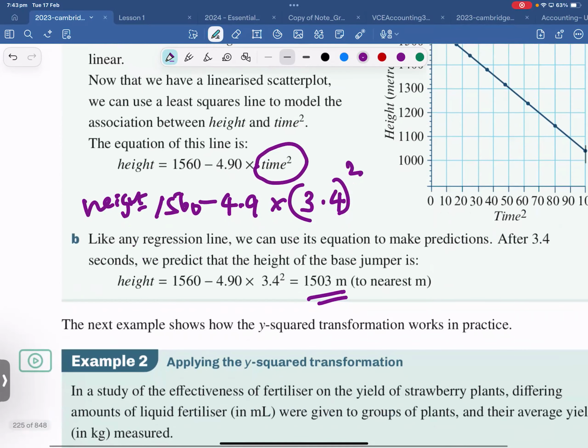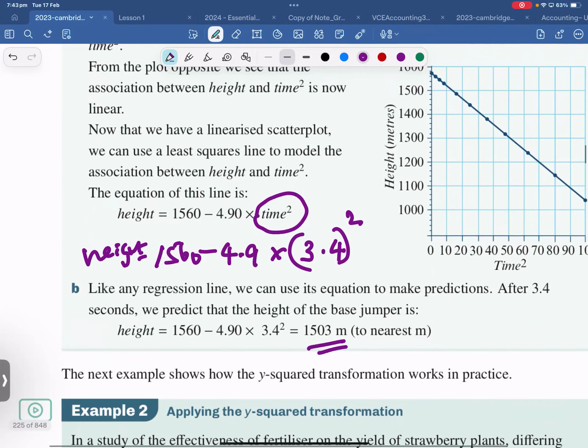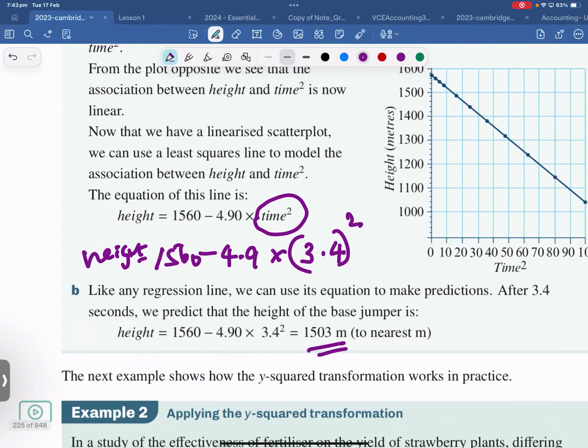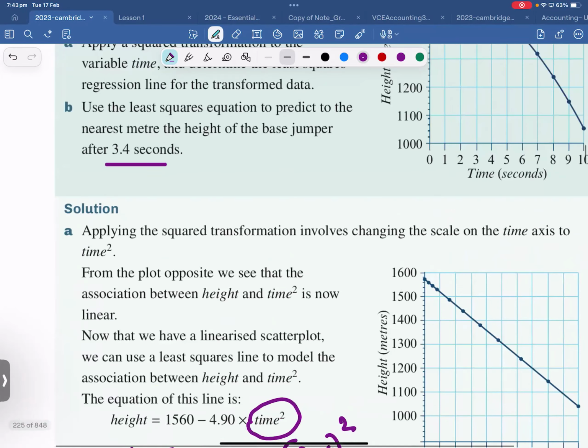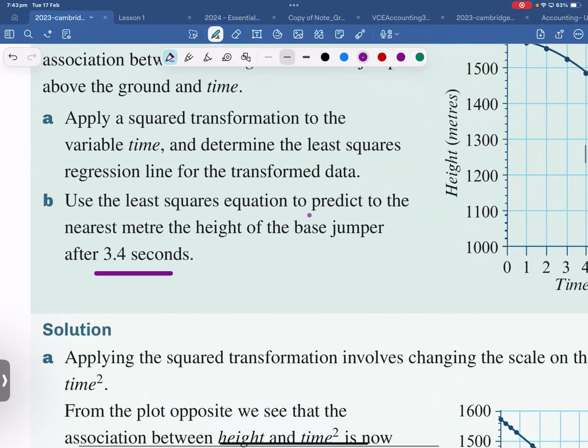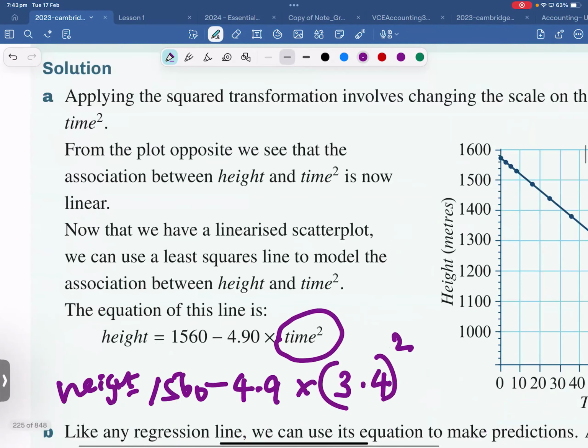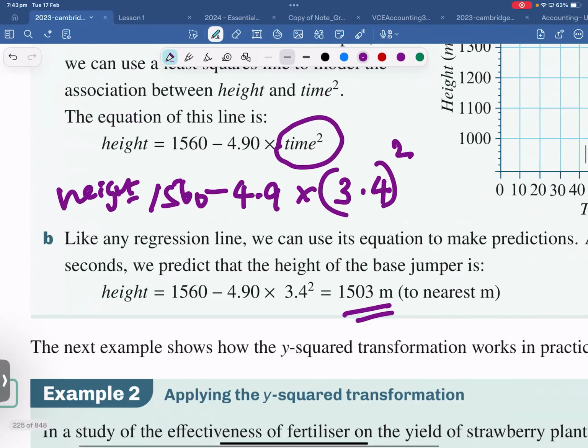Any questions? Why is it squared again? Because they are saying we have to predict, to the nearest meter, the height of the base jumper after 3.4 seconds. So which equation are we going to use?